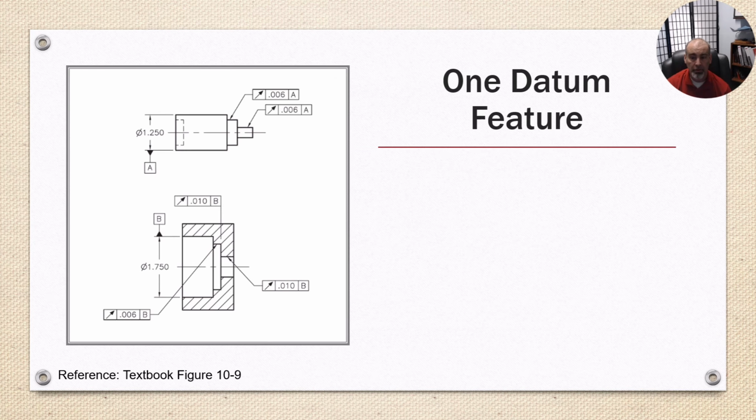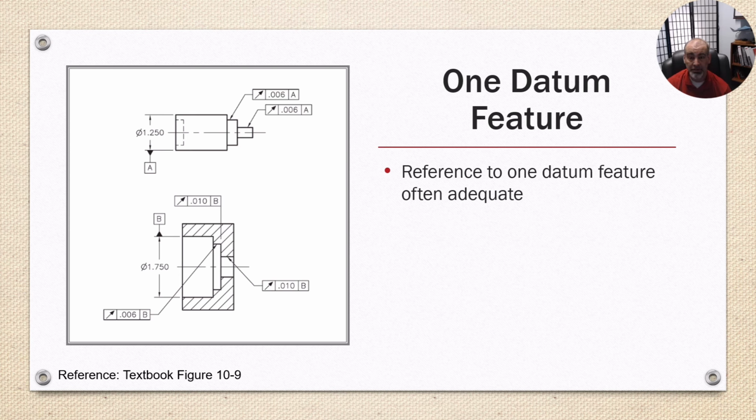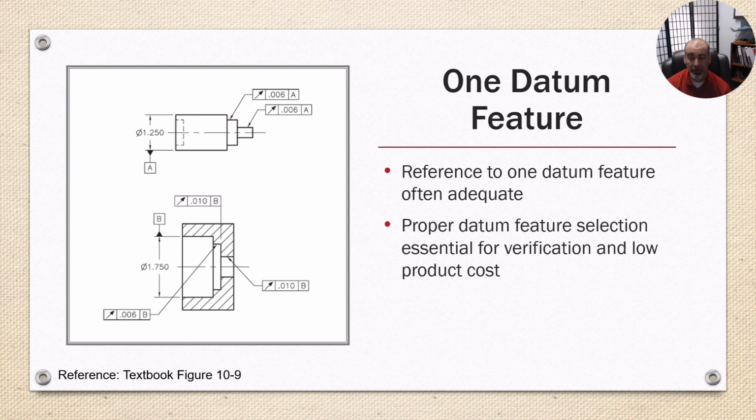Okay, here's an example of a single datum feature callout. It's referencing one datum feature, often adequate because your application is to a cylindrical part that defines the center line. And the proper datum feature selection is essential for verification and low production costs.